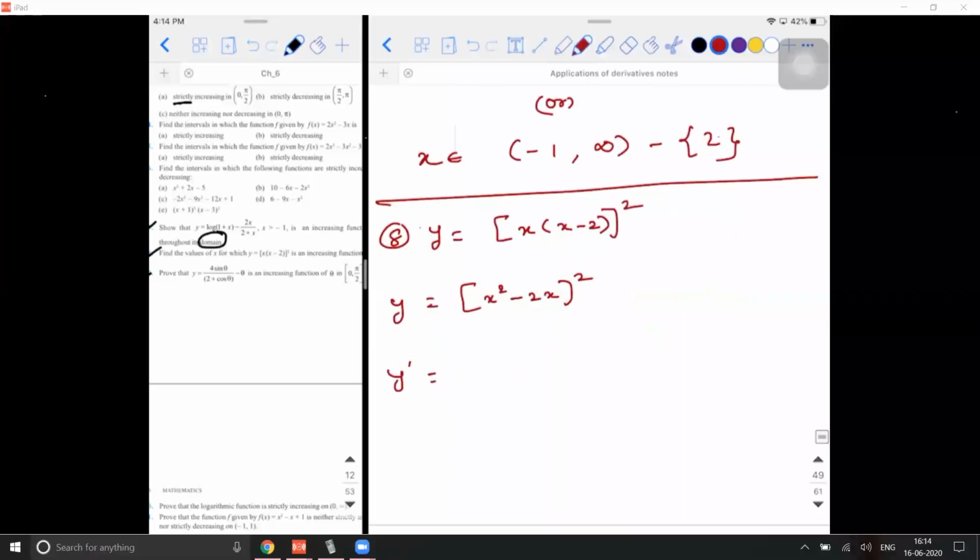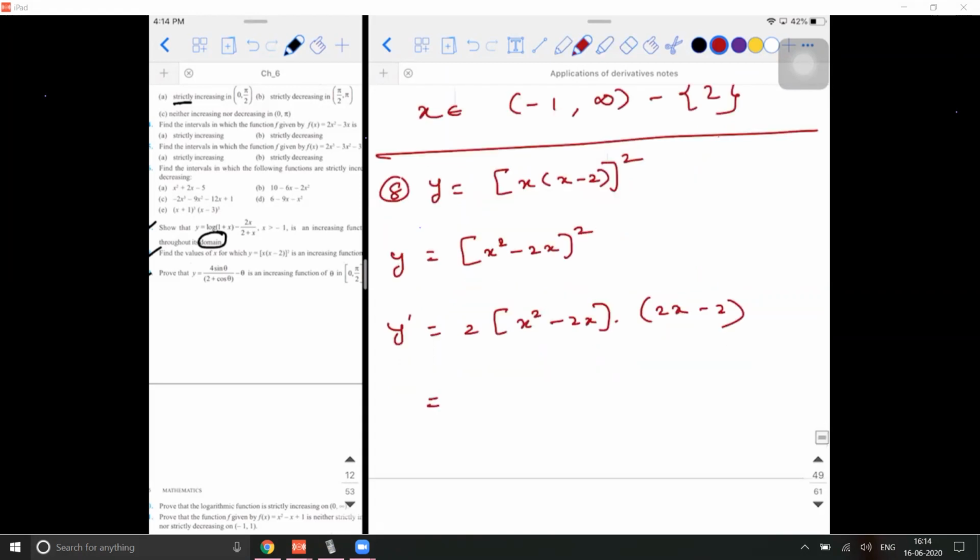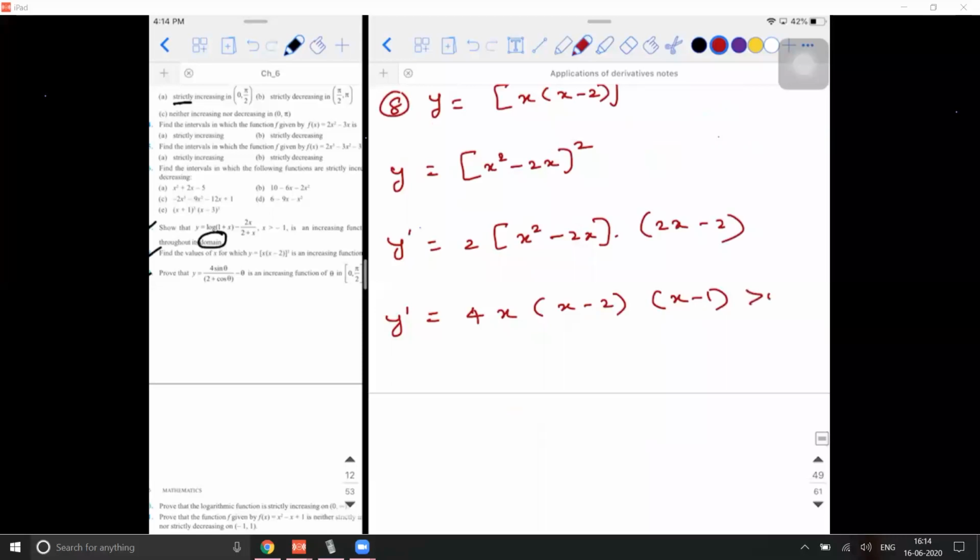Then y dash will be 2 into x square minus 2x into 2x minus 2. So I take 2 common, 4x into x minus 2 into x minus 1. So this is y dash. This should be greater than 0. So that's all. It's a simple differentiation and a factorization process.